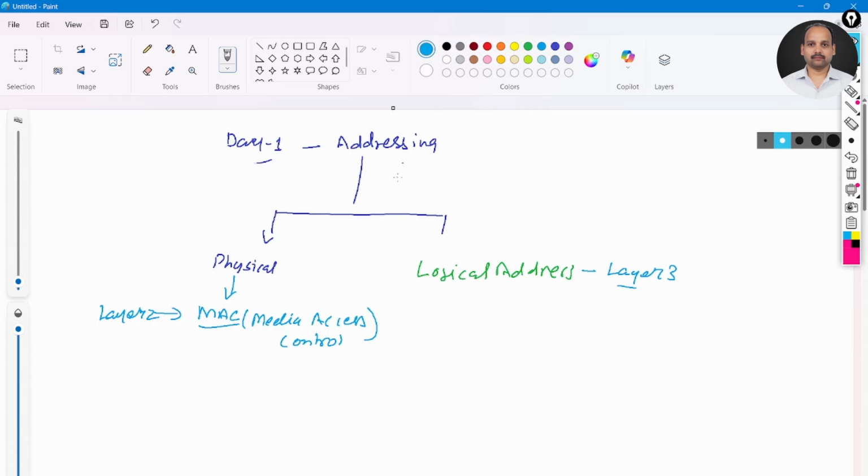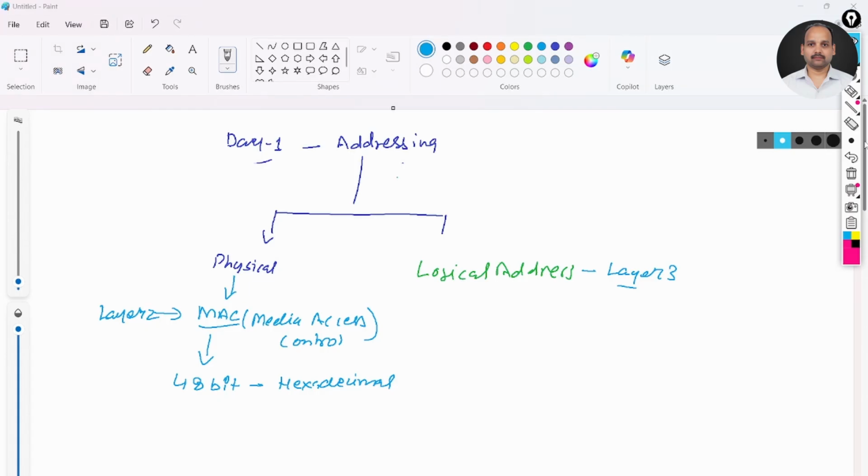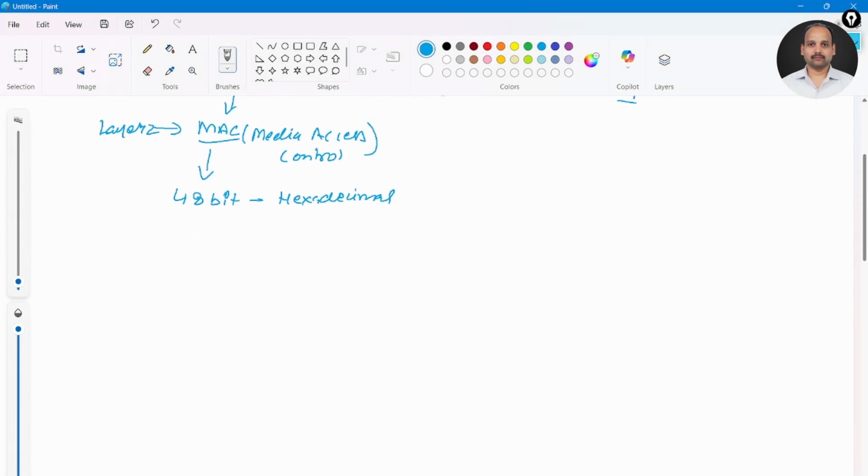The MAC address is defined in 48 bits and in hexadecimal. I hope you have understood the physical address and hexadecimal.